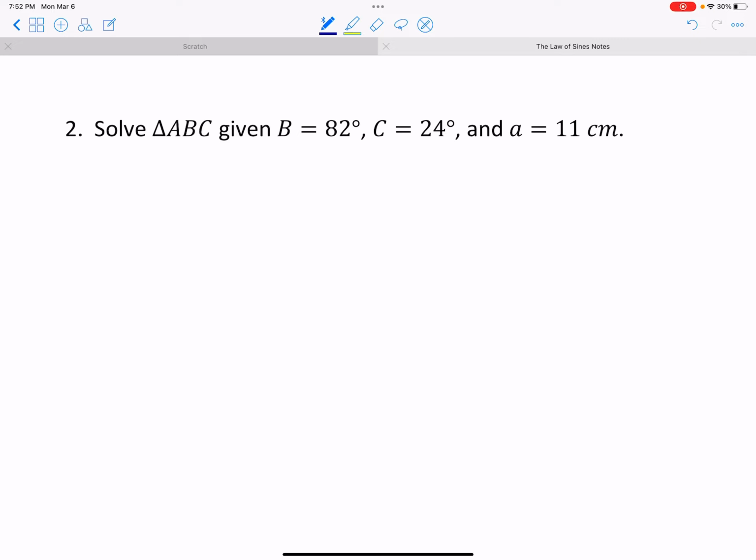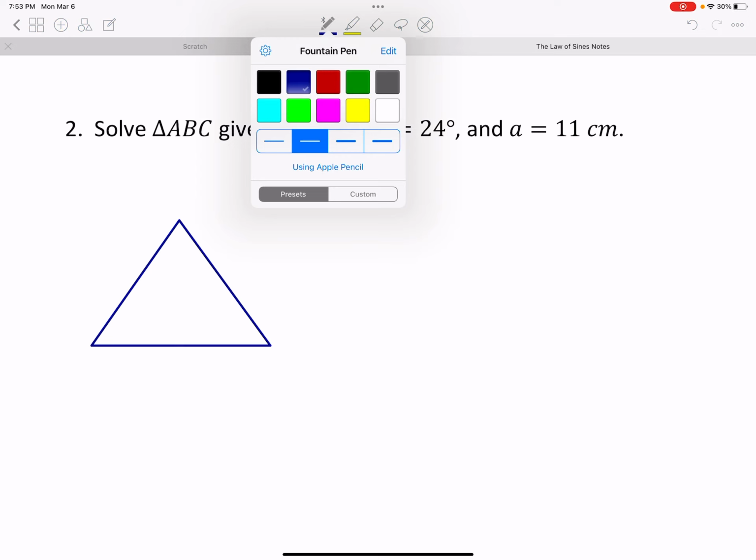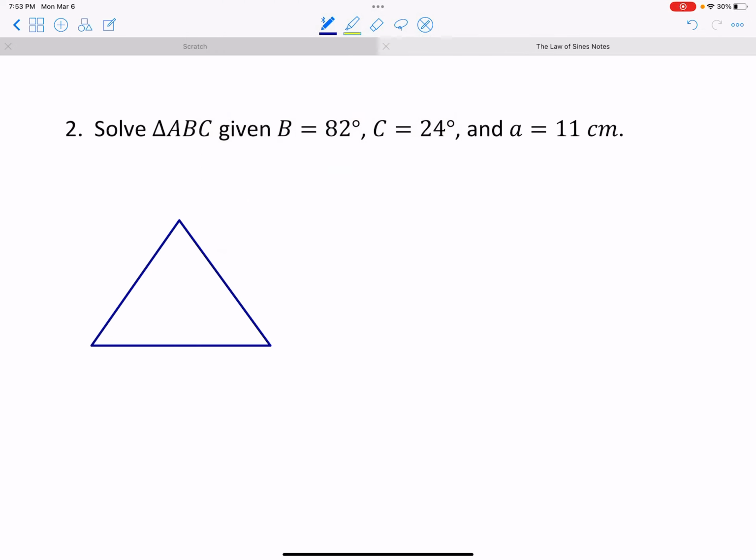Solving triangle ABC. We're given a couple of the angles. We're given one of the sides. Let's draw this out. Always good to try to organize your work. And remember, it doesn't matter how you draw your triangle. I just typically draw, I'm calling this a standard triangle, something that looks somewhat equilateral, although clearly our triangles aren't equilateral or equiangular, so they don't have equal sides, equal angles.